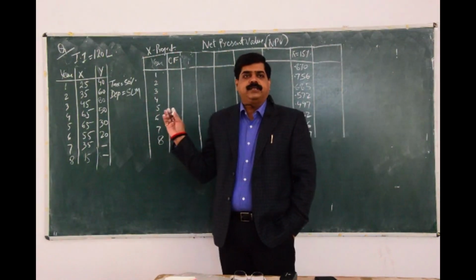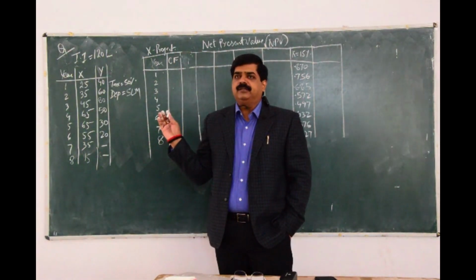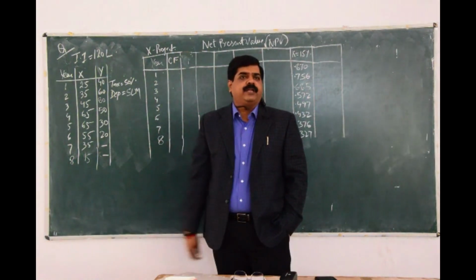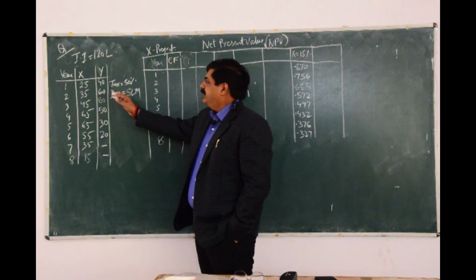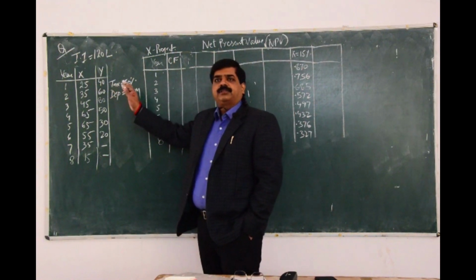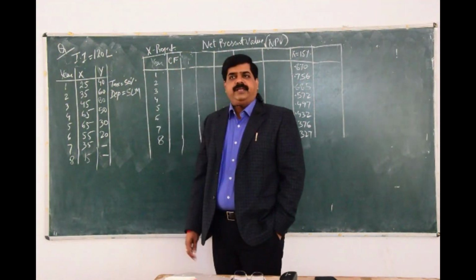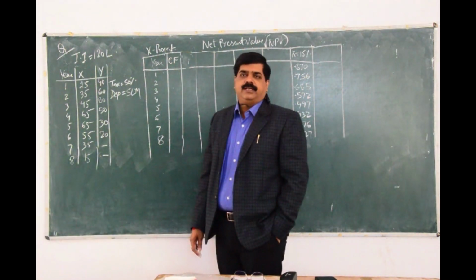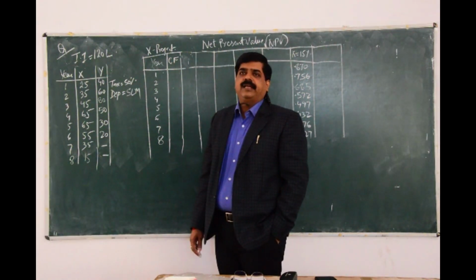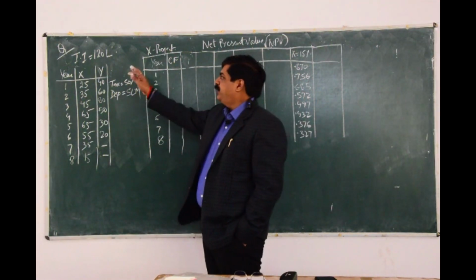So as we were discussing the NPV technique, let us take up another example. You can see that we have two mutually exclusive projects, X and Y, and both projects have an initial capital of 120 lakhs.